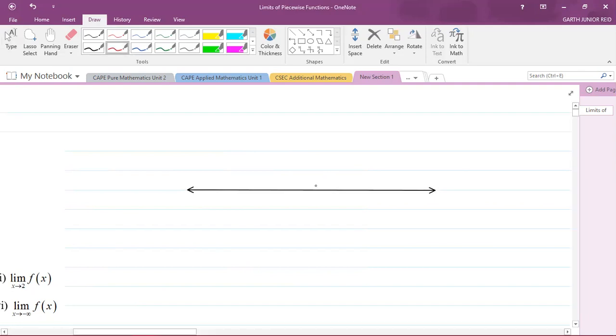So let's say this is my point of reference, 0. I will have -1 here, -2 here, 1, 2. So this is 2. And this is the real number line.